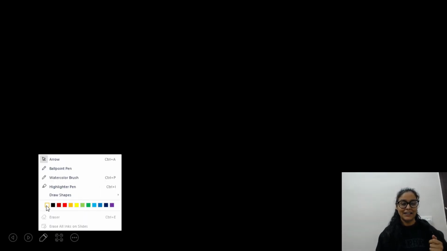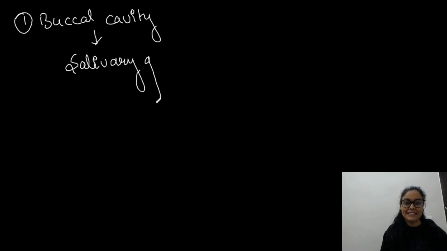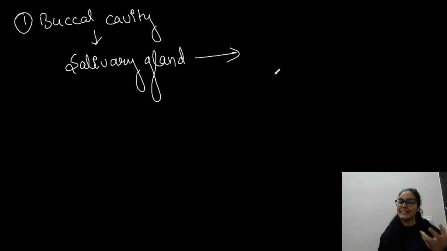So, bacha, let's start with the first enzyme, which is present in saliva secreted by the salivary gland. Let's start with the buccal cavity, our mouth, right? The buccal cavity has salivary glands, and salivary glands secrete saliva, which contains an enzyme known as salivary amylase.